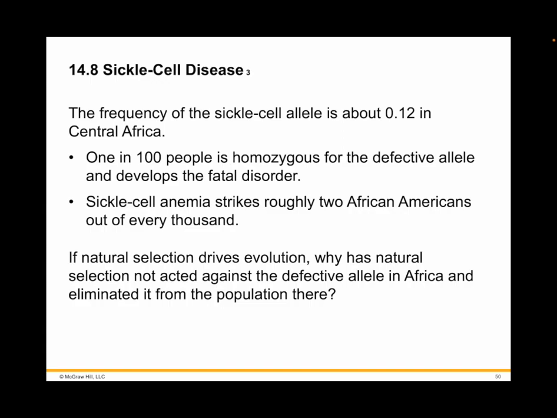Similar inheritance patterns of the sickle cell allele are found in other areas frequently exposed to malaria, such as around the Mediterranean, India, and Indonesia.